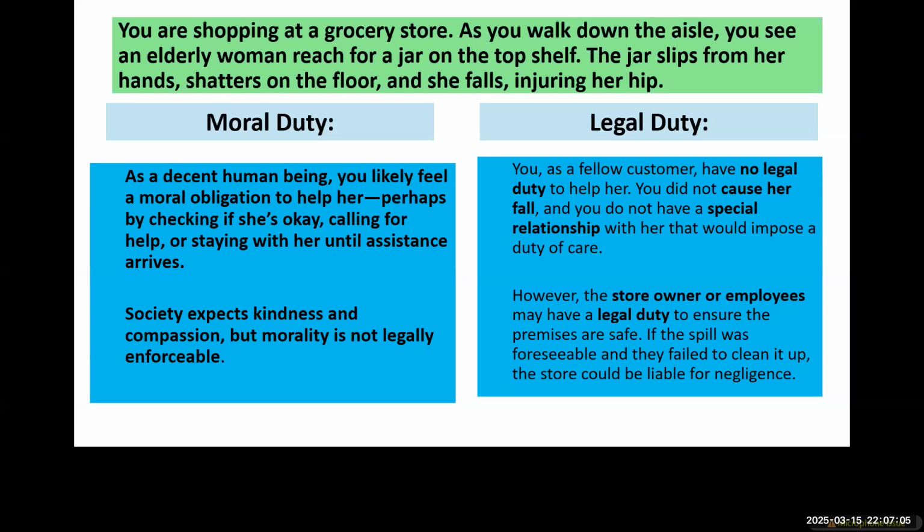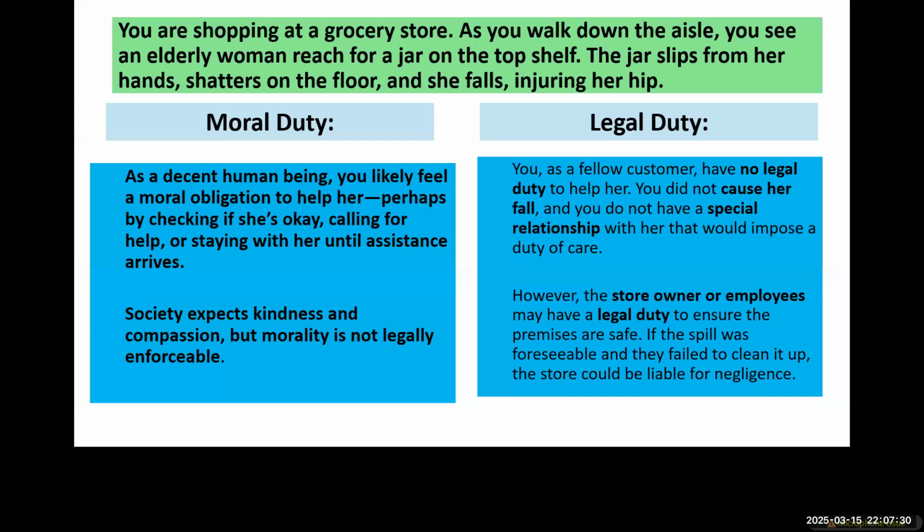Now, that's you as another shopper. The store owner or the employees may have a legal duty, right? Because part of that will designate the lady as a trespasser, which she probably isn't if she's in the store shopping, a licensee, or an invitee.